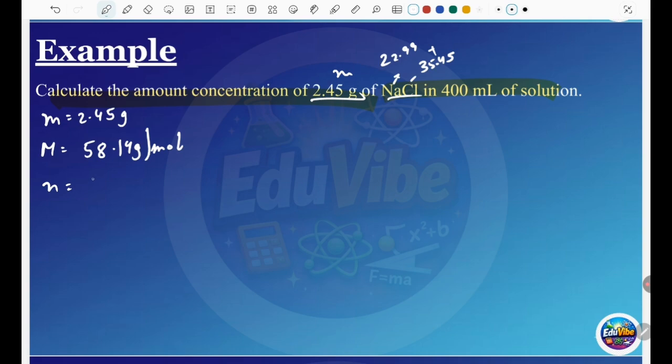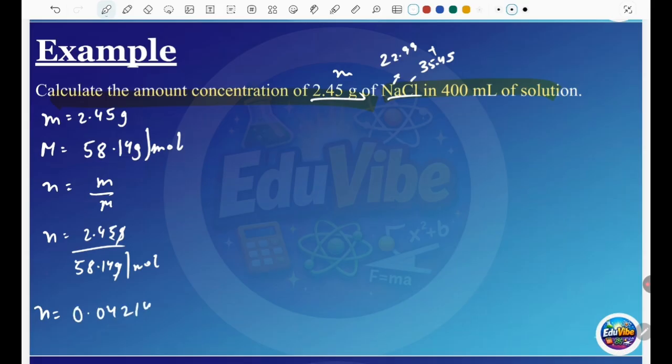Now you know how to find the n. n is equal to the small m divided by the big M. So 2.45 grams divided by 58.44 grams per mole. Grams cancel out. You get your n of about 0.04192 moles. Now V should also be in liters. So 400 mL divided by 1000, you get 0.4 liters.